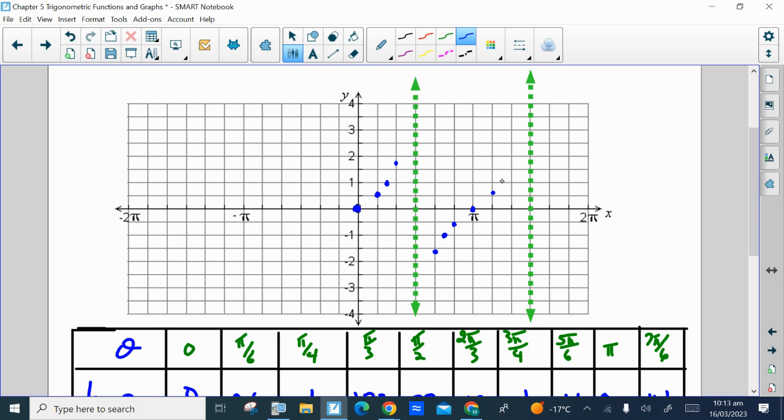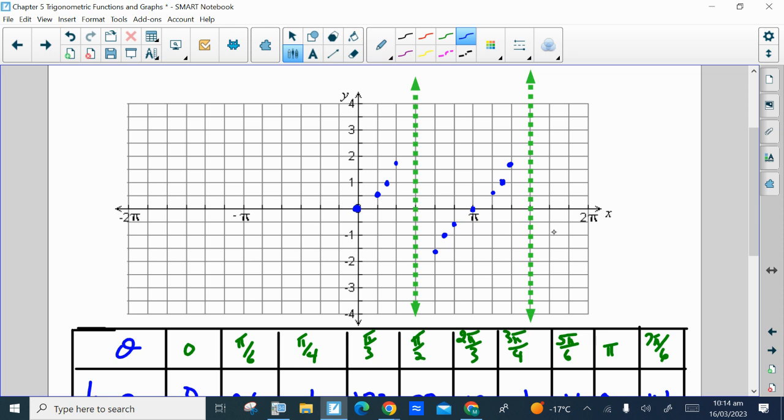At 5 pi on 4, we're at 1. At 4 pi on 3, we're at 1.73. That's 8 pi on 6s. And then again at 3 pi on 2, we have our next vertical asymptote.